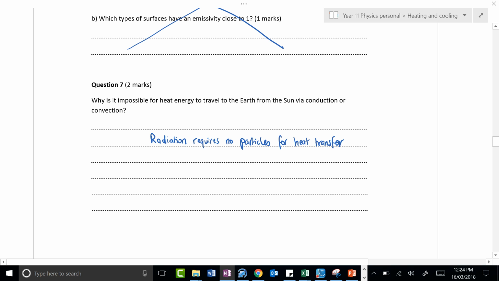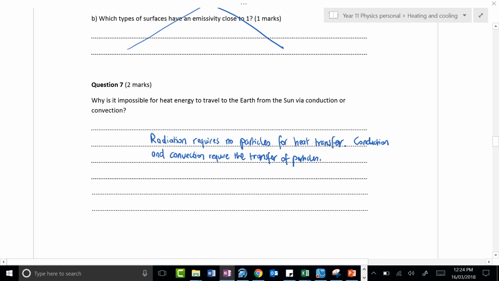So the fact that you're mentioning radiation, and we can say that conduction and convection require the transfer of particles.